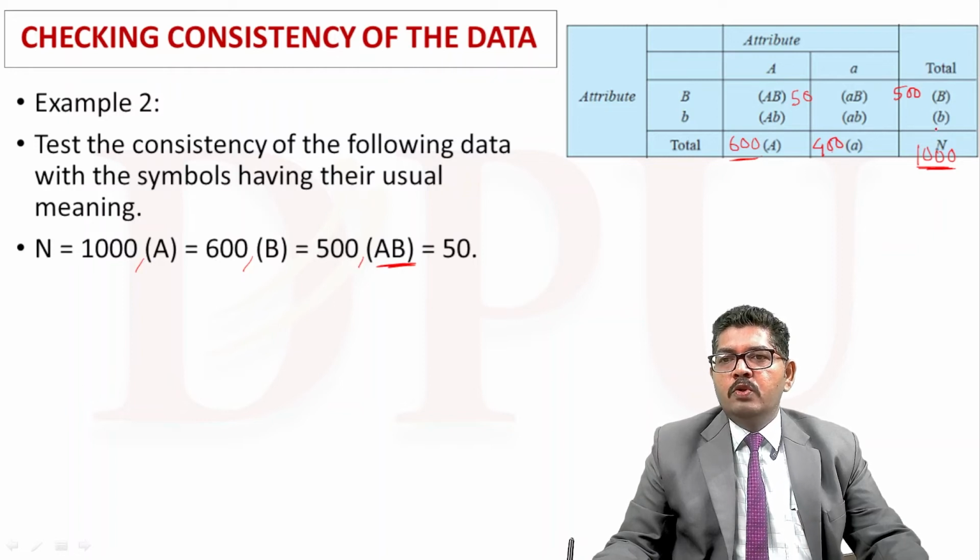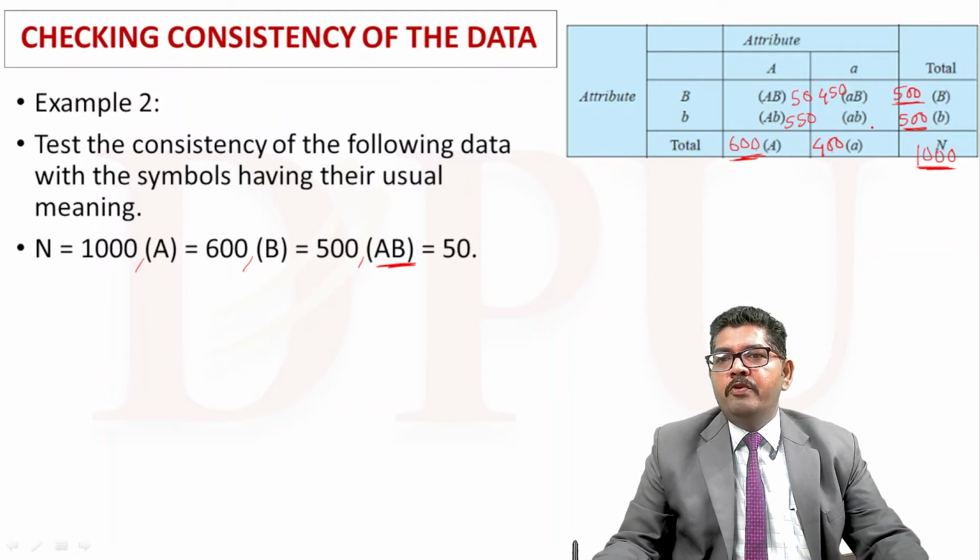As this value is 500, this must also be equal to 500, that's why this is equal to 1000. As this is 50, this must be equal to 450. Now we have to calculate these two values. This is 600, this is 50, so this value must be 600 minus 50, that is 550.